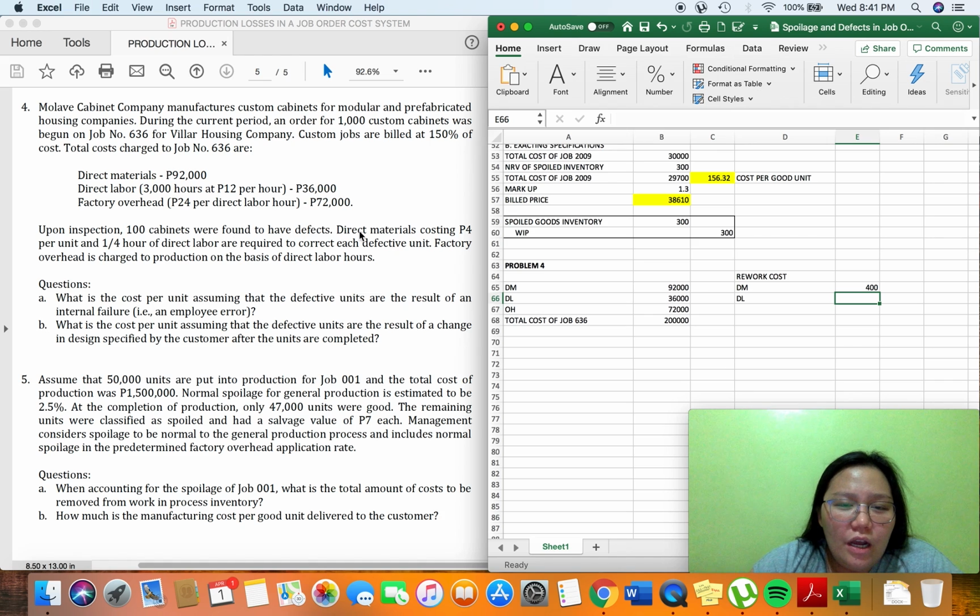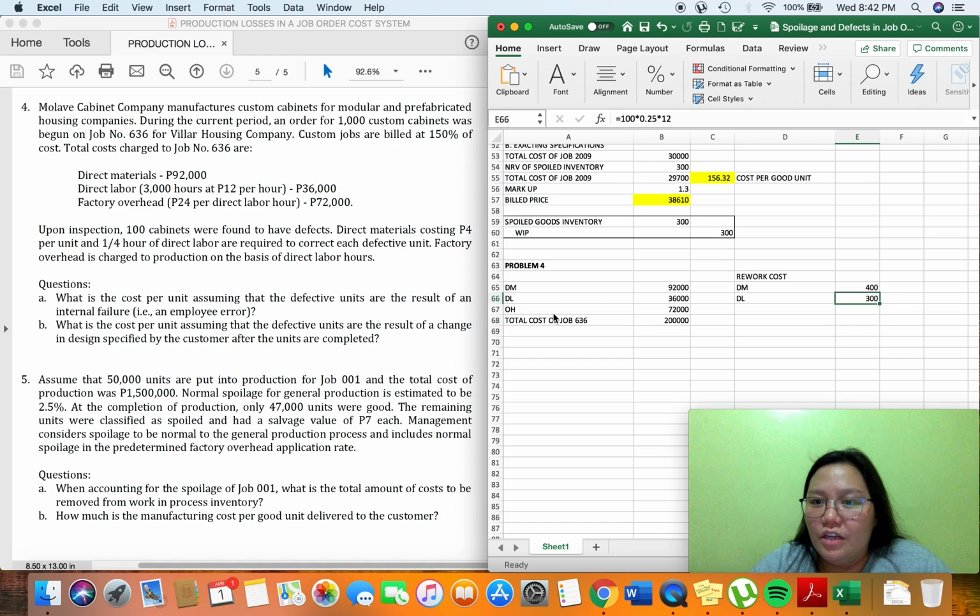And then for direct labor, we have 1/4 hour of direct labor required to correct each defective unit. So, since we have 100 defective units, and each defective unit needs 1/4 hour of direct labor, we'll multiply this by 0.25, right? And then multiply this by the labor rate per hour, which is equal to 12.